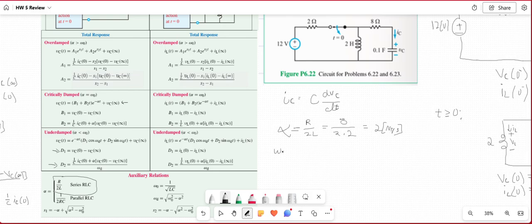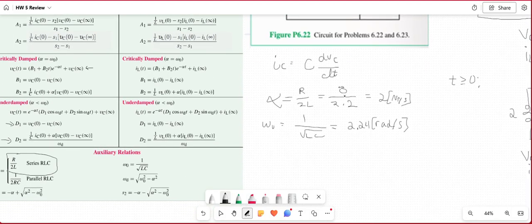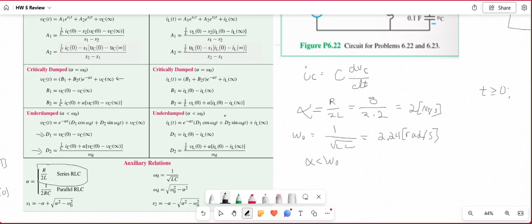And then W naught equals 1 over square root of LC, and when we plug that in, it's 2.24 radians. Now we want to compare these two. W naught is greater than alpha, so alpha is less than W naught. We look at which of these equations that's true for, and that is true for this, so we're going to be using this underdamped box here.